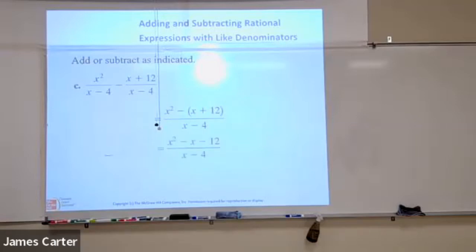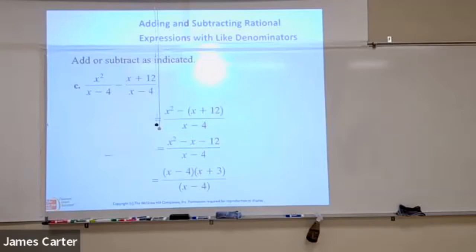Now then, what do you suppose we've got to do next? Factor. Okay, what kind of signs are we going to have? One's a plus, one's a minus. The sign of the biggest is going to be minus. So that thing factors into this, and we've got something we can cancel.